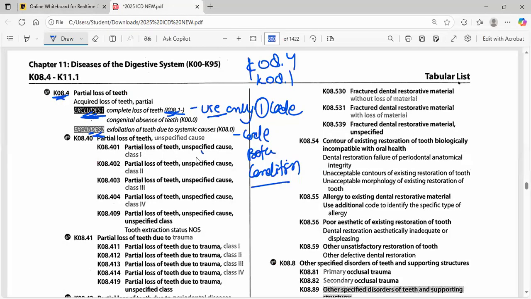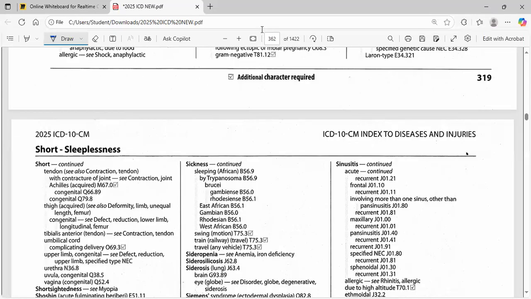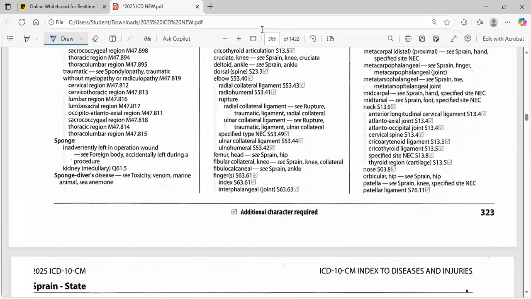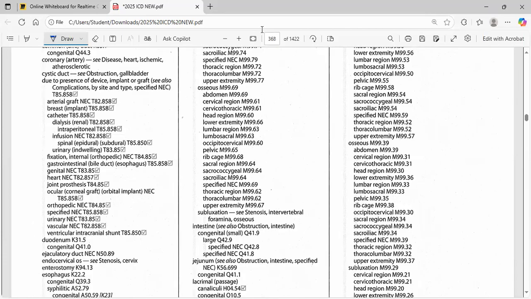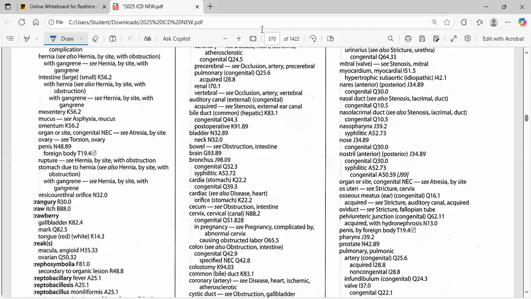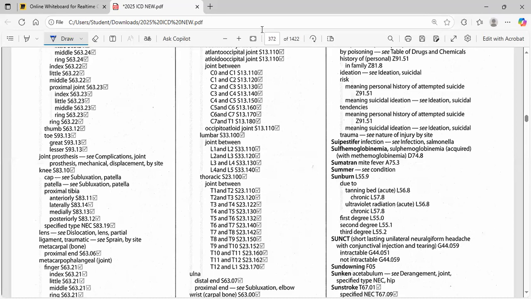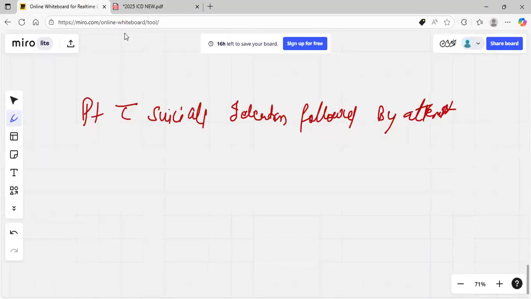Let's say suicide. Here we go. Suicide. So the suicide attempted code should be T14.91.